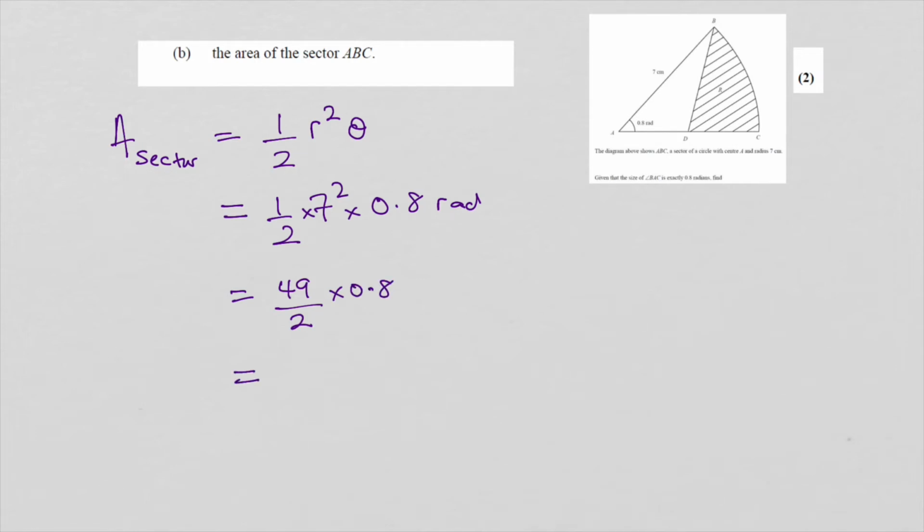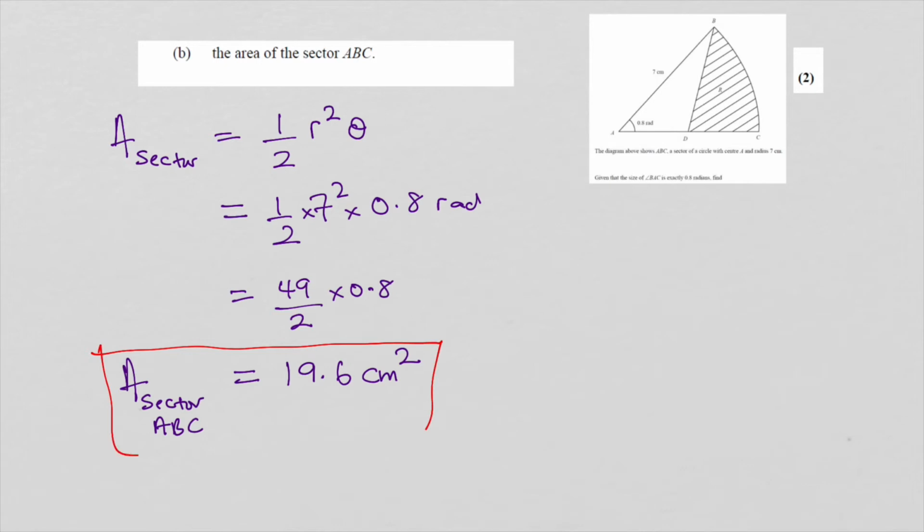If you plug that into your calculator, you will get 19.6 centimeters squared. And that's the area of the sector ABC. So that's the answer we're looking for.